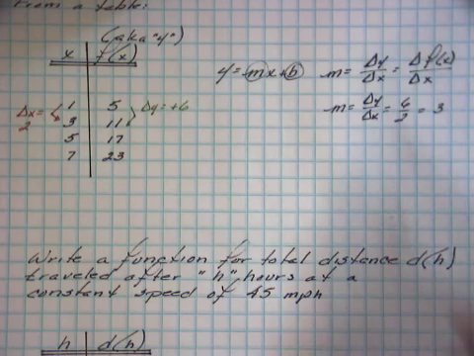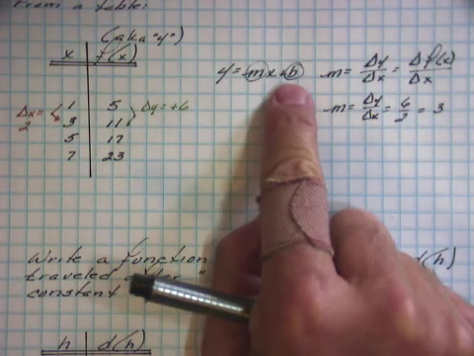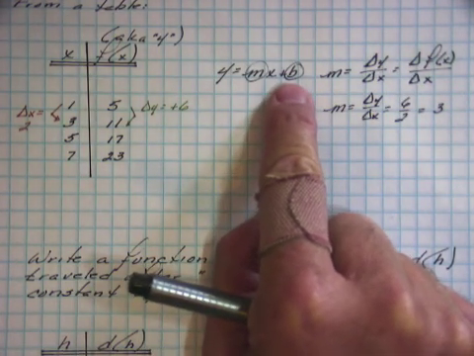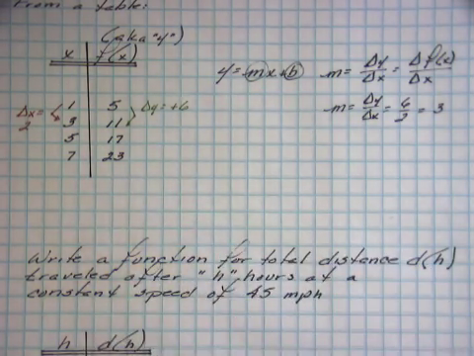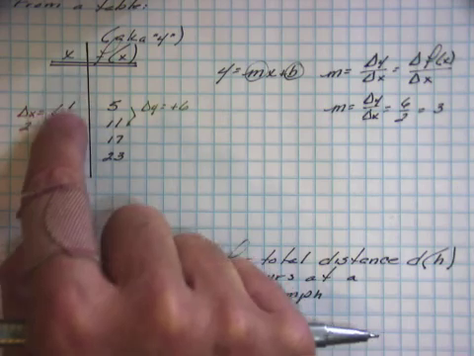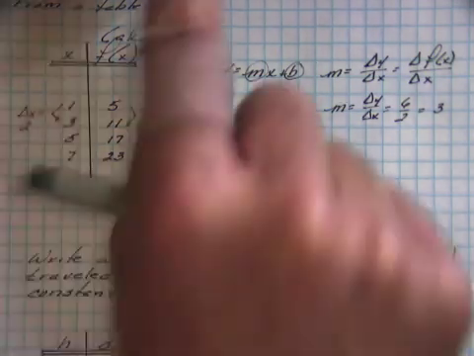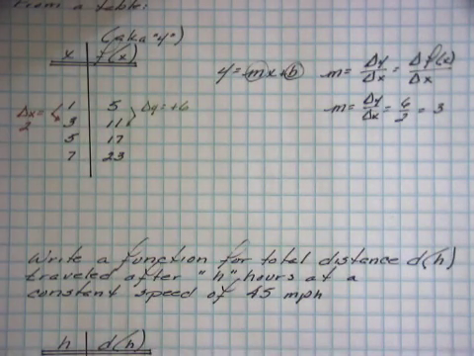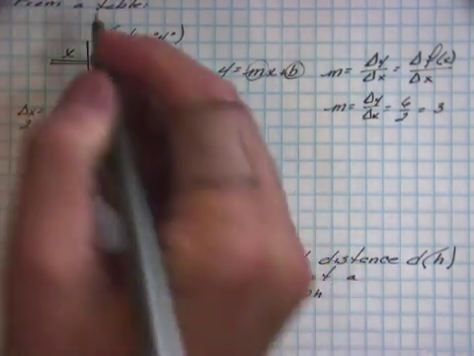So we're halfway there. We've got the m, now we just need the b. Well, b, the y-intercept, happens when x is 0. The problem is we don't have that in the table. We don't have 0 as an input, but we can extrapolate that.